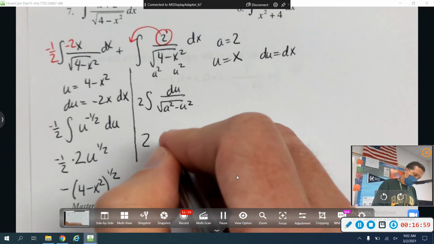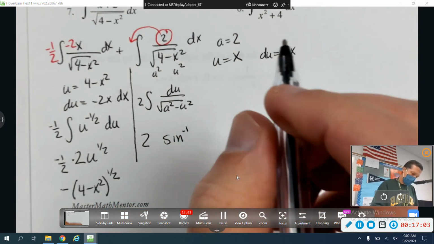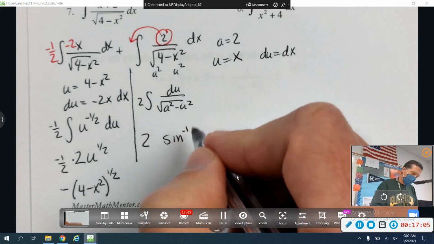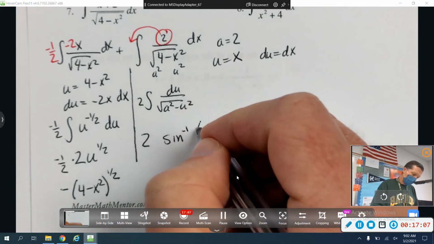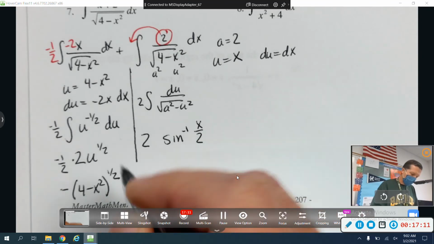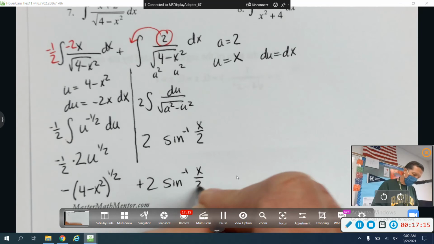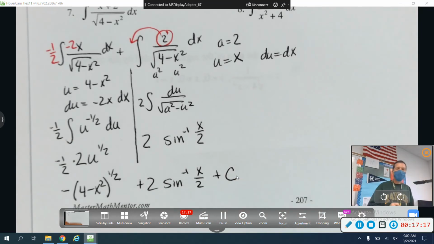So 2 inverse sine of u over a, x over 2, plus c, but I'll put the plus c here at the end. So 2 inverse sine x over 2, and then this giant plus c that goes to everybody. What a lovely problem that was.